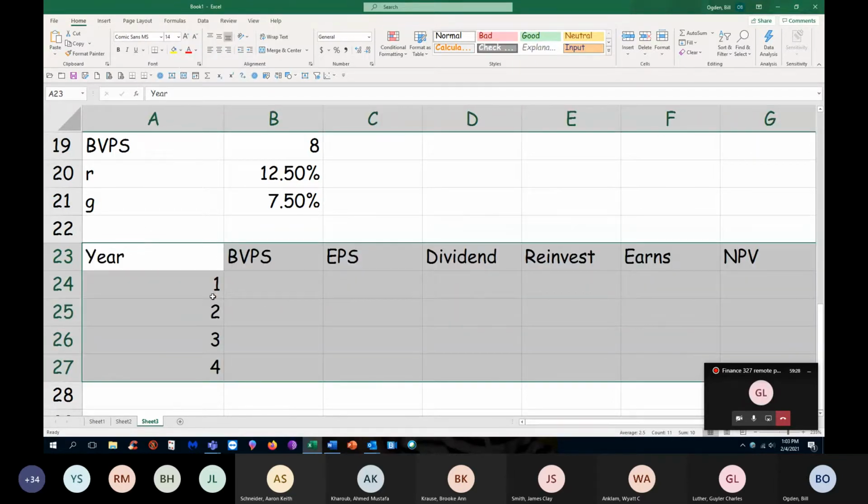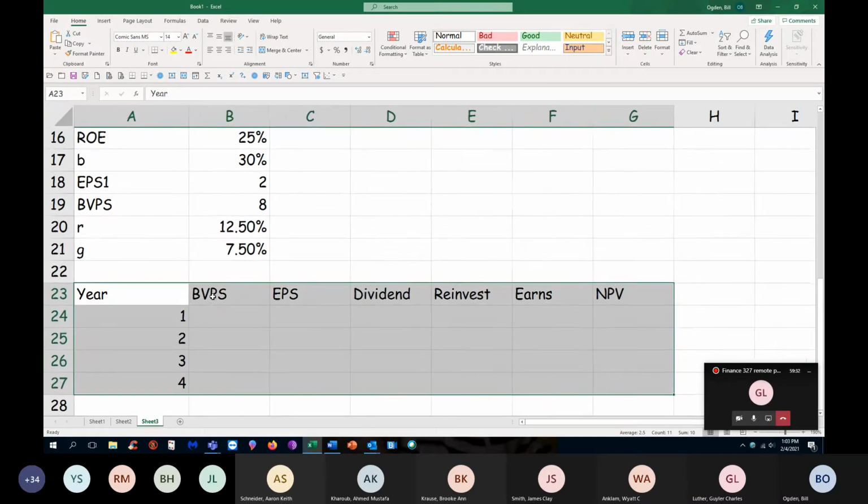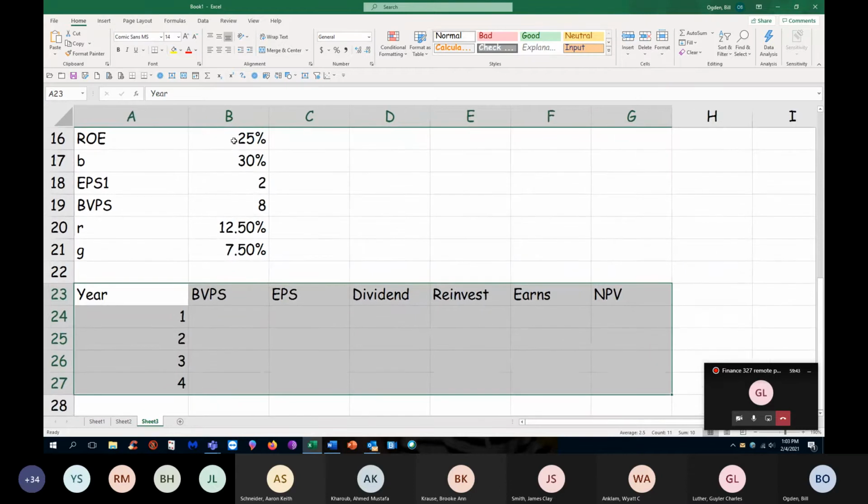Okay, so I'm going to shrink it a little bit so you can see all of what we have here. I hope that's large enough for you to see it. So ROE is 25%. Do I have everything? Yes, I did. Okay. ROE is 25%.